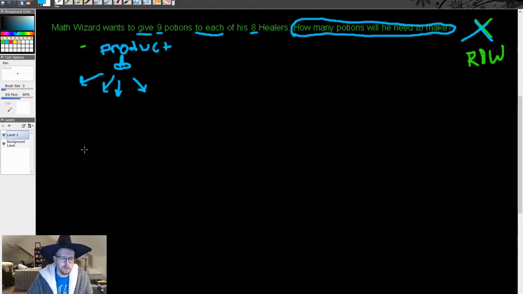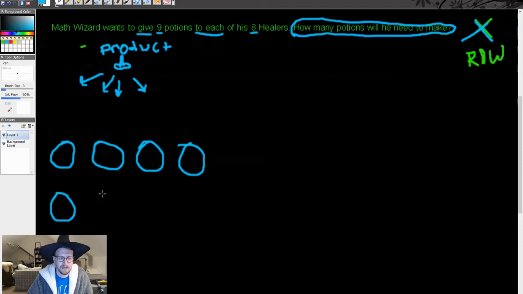So I like equal groups anyway. Let's take a look at it. Let's do circles for this. So we're going to do 1, 2, 3, 4, 5, 6, 7, 8. But you know what? I'm going to kind of try to mix my strategies a little bit here because I'm pretty comfortable with multiplying 9 and 8 and using some of my other strategies at the same time.